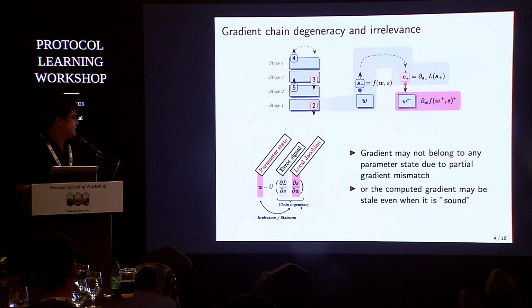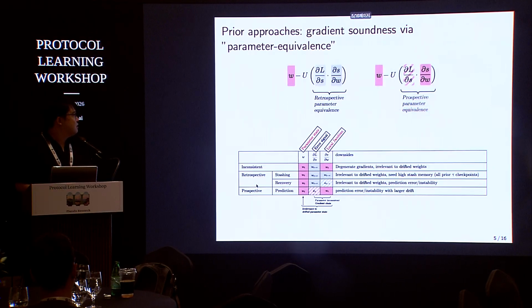So what happens is that we get a chain degeneracy, where partial derivatives evaluated at different parameter states get chained together. Another thing is that the gradient would no longer be useful to the current parameter state.